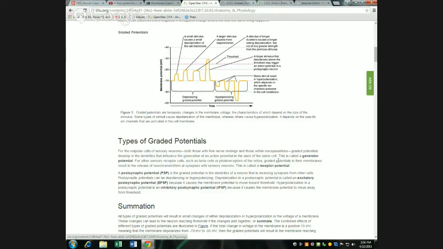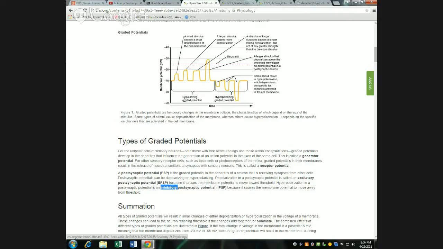So in the second paragraph under types of potentials, the second paragraph is talking about postsynaptic potentials, and then it introduces excitatory or inhibitory postsynaptic potentials, which are abbreviated EPSP for excitatory postsynaptic potential and IPSP for inhibitory postsynaptic potential. And really what those are talking about are depolarizing and hyperpolarizing graded potentials.